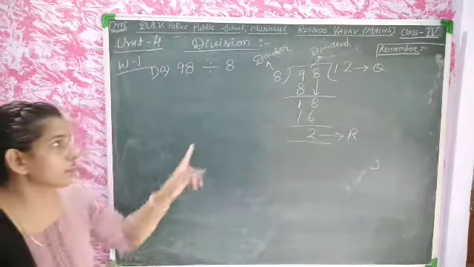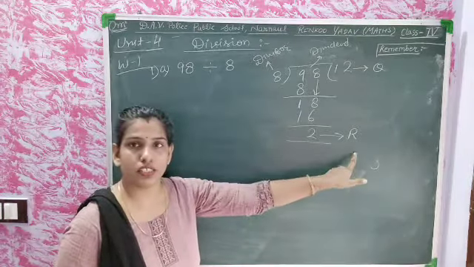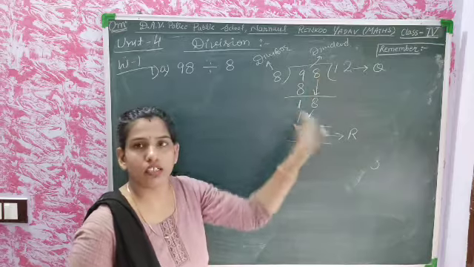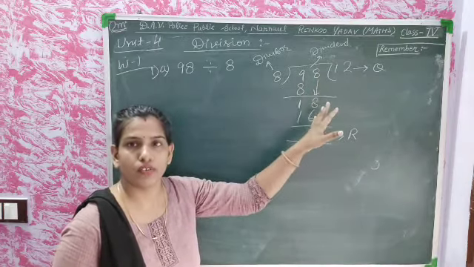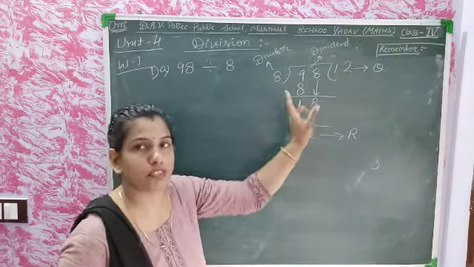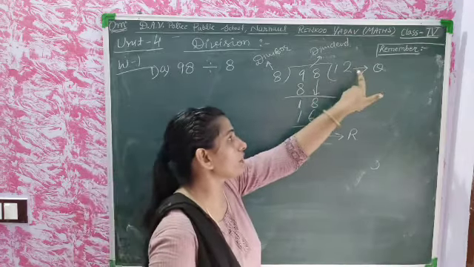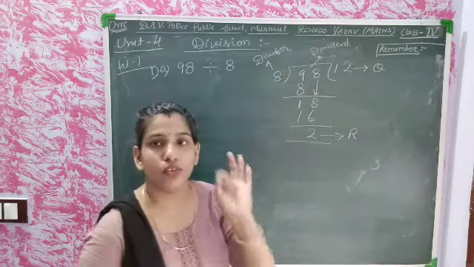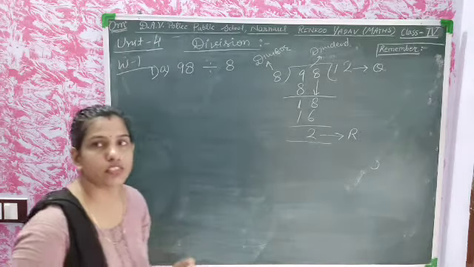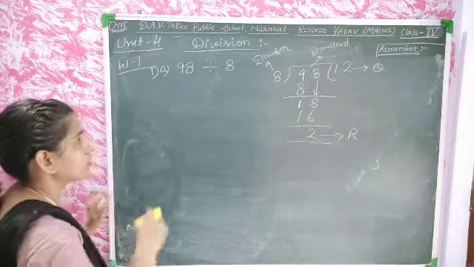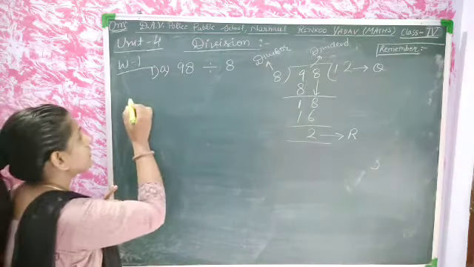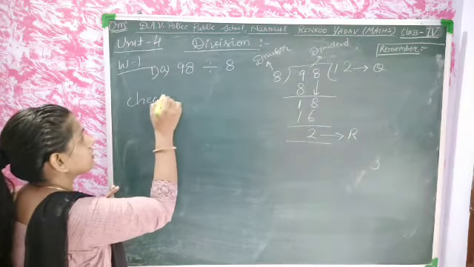Okay, students, these are the representations here, and you have done this division already. You have known about it. This is the division. But one more thing, a memory point: this is the quotient, remainder, dividend, and divisor. You have these names on your tips. Now we will check whether this is right.